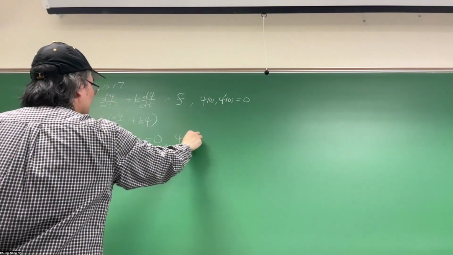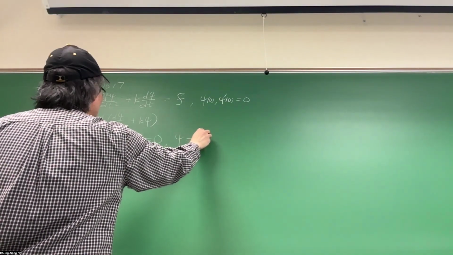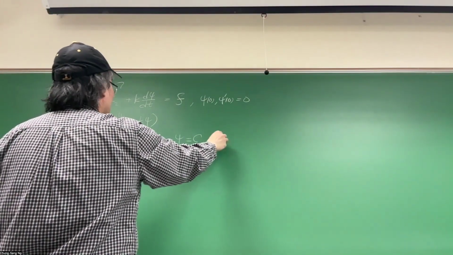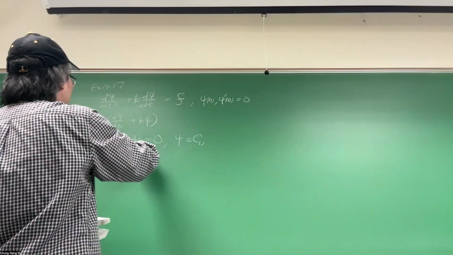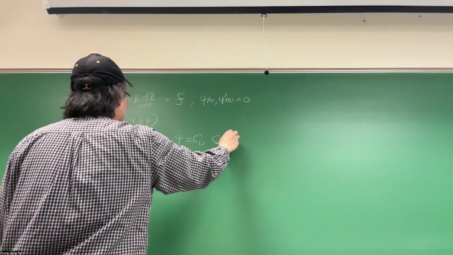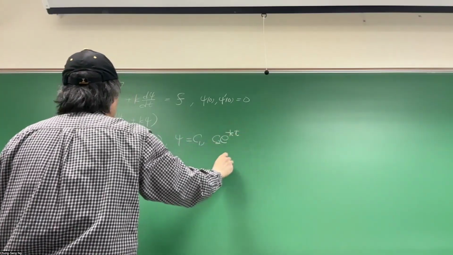So one is c sub 1, a constant, and the other is c sub 2 e to the minus k t.